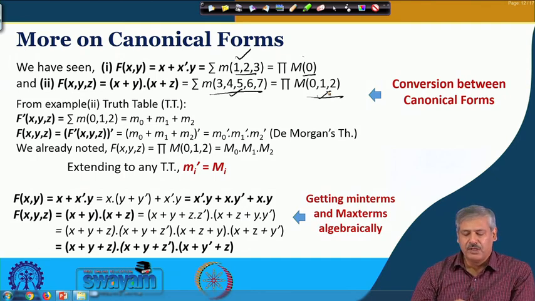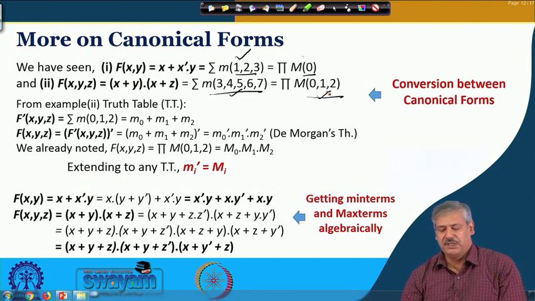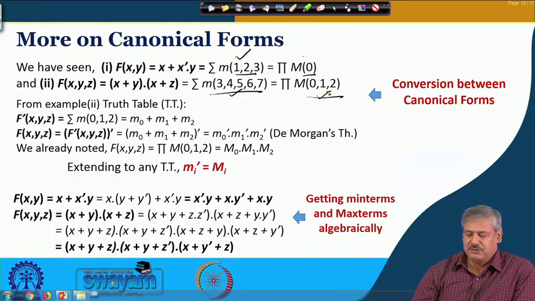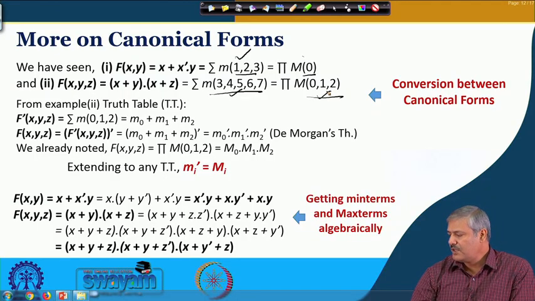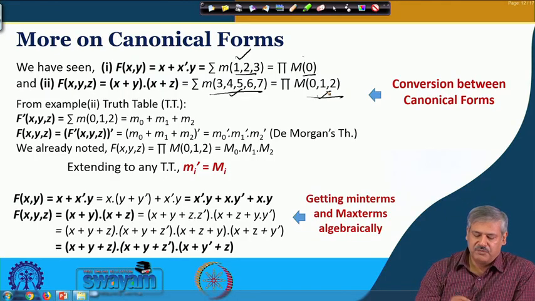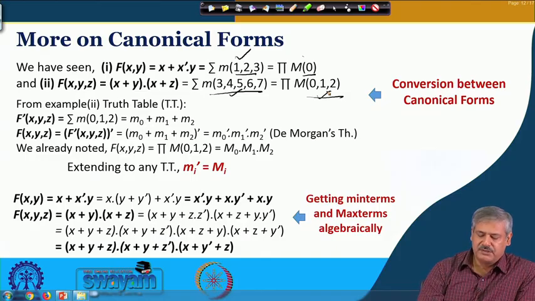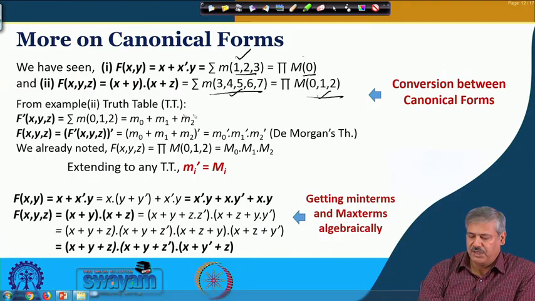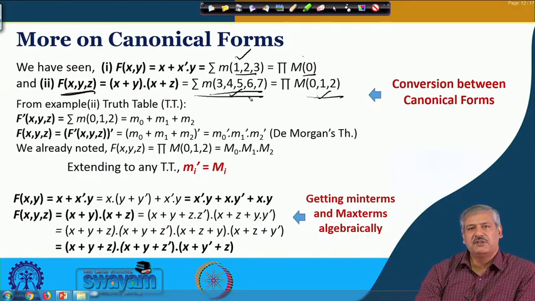The other important thing we can observe from the discussion so far is in the second example, f of x y z, the Minterms were 3, 4, 5, 6, 7.